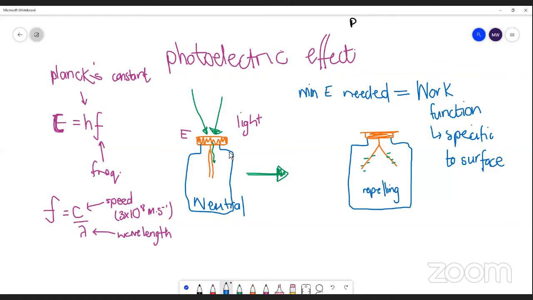So what we're going to do in this topic is look at working out this work function or the frequency that is needed to cause these changes. Has everything that I explained so far made sense? Yes, no, maybe. Okay, so I can go back to my slides.